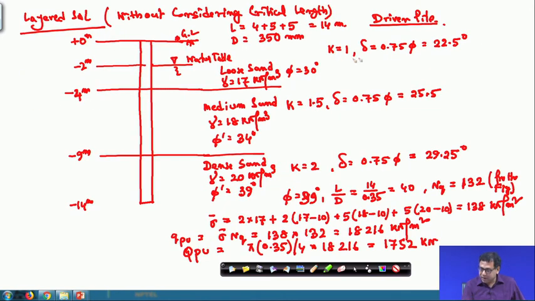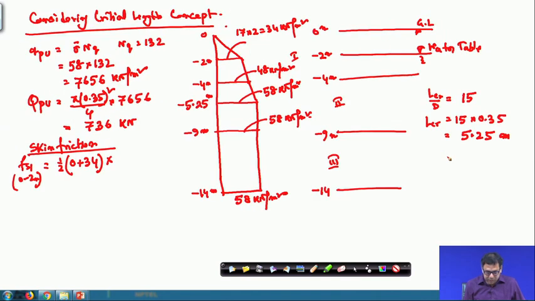So, k value is 1, delta is 22.5, here k value is 1.5, delta is 25.5, here k value is 2 and delta is 29.25. So, your k value is 1 and this is tan 22.5 degree. So, this value is coming out to be 7.04 kilonewton per meter square.